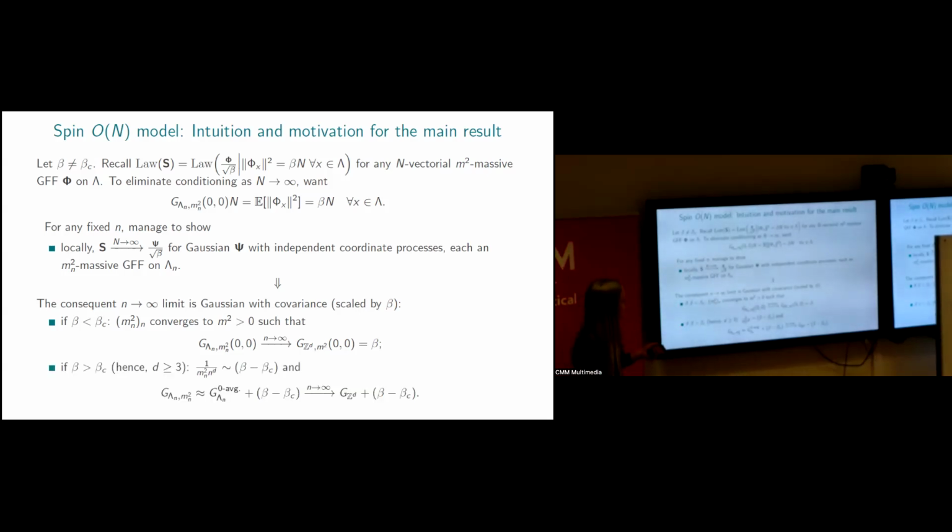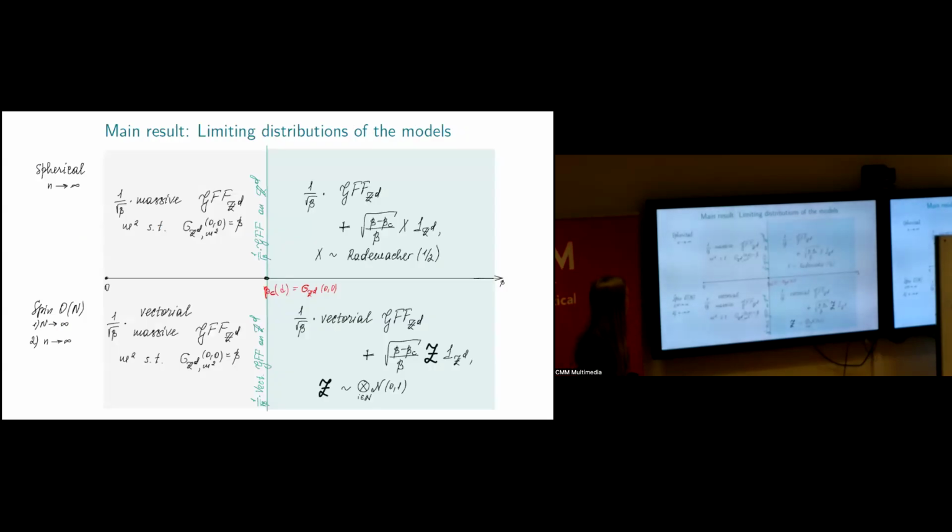And the other thing. Okay, so our result is the following. As you probably have already understood from the intuition, in the spherical model, when we take N to infinity, we get in the limit below the critical temperature, which is the Green's function on Z^d at (0,0) on the diagonal, a massive GFF with the mass m squared chosen in such a way that we satisfy this equation.